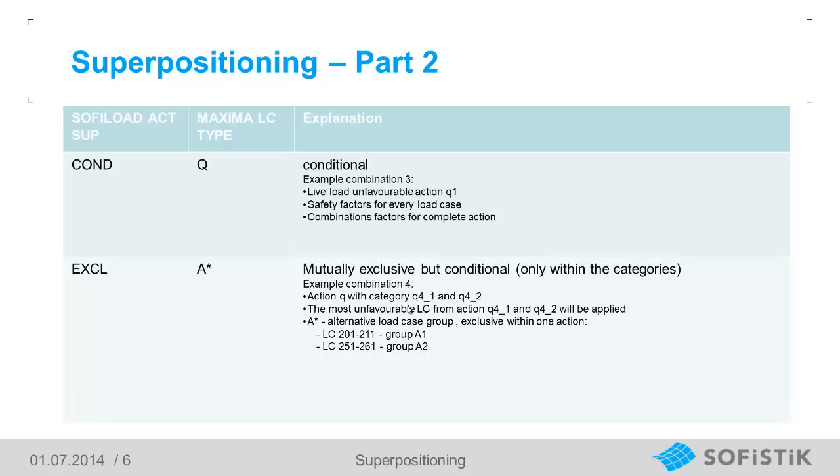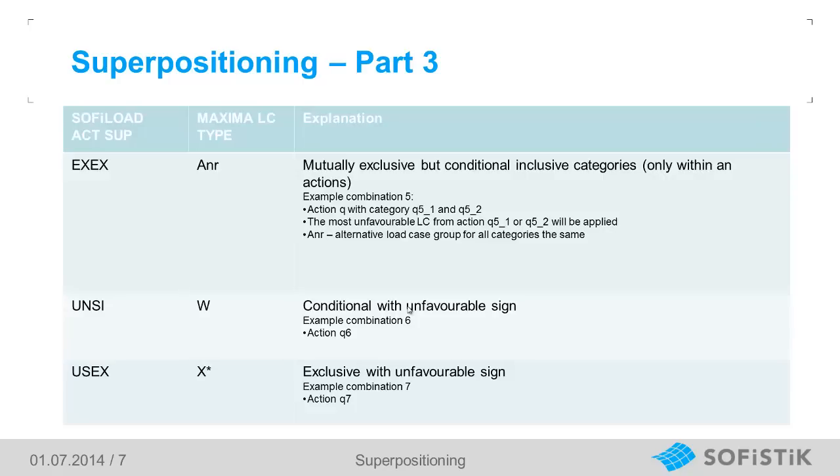If you have an action called Q with categories Q4_1 and Q4_2, and we use EXCL, you will get the most unfavorable load cases from these categories, from Q4_1 and Q4_2, and both load cases will be taken into account. But if you use EXEX, which you can see here, it's mutually exclusive but conditional inclusive category, so only within an action.